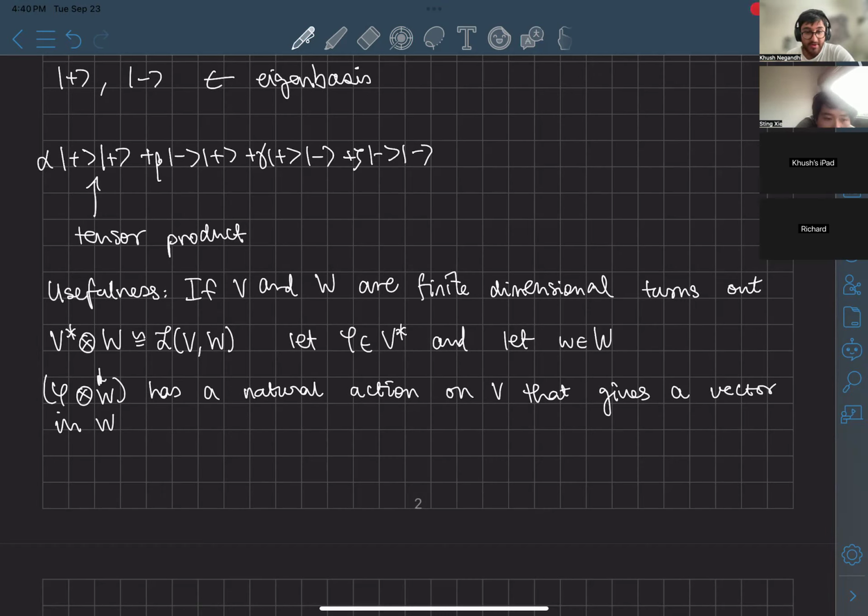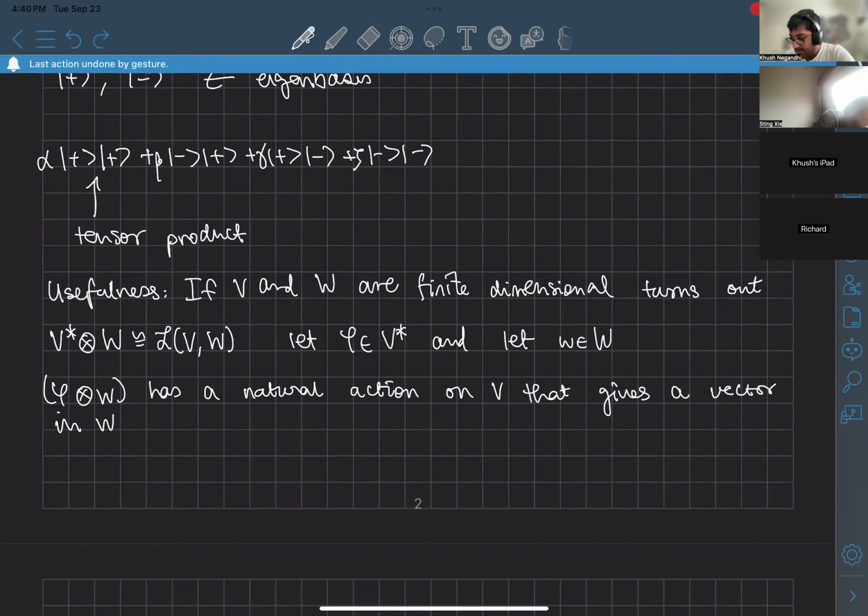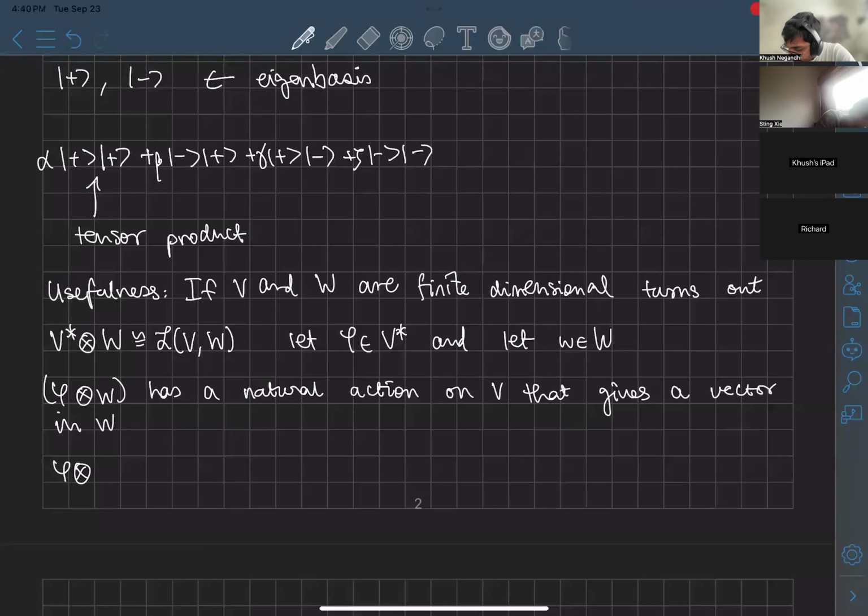So we can define the action of this thing on v to be nothing but phi of v times w, because phi of v is in R or C or whatever field, and then we can multiply it by w to get a vector in W.